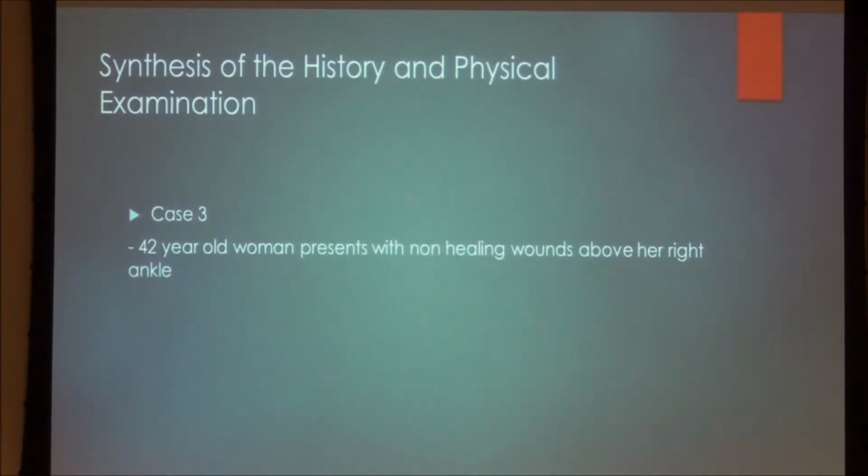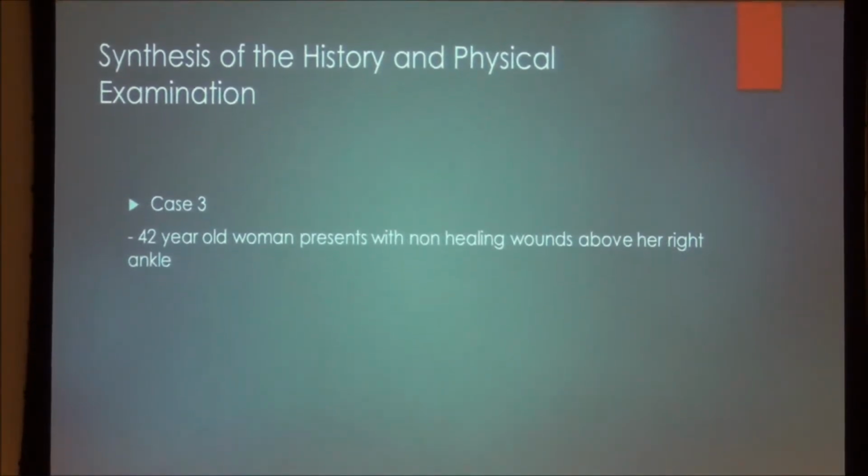Let's say that when you get more history, she tells you that when I walk, it starts hurting, but I can't continue walking without severe pain. And also, she has severe swelling and edema on both lower extremities.